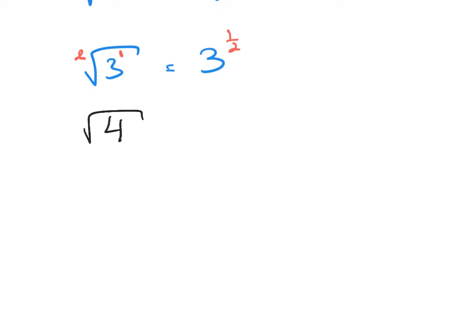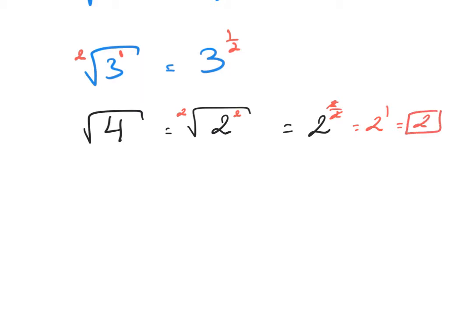We know that 4 is 2 squared, and we have 2 here. So if I want to remove the radical, it's going to be 2 to the 2 over 2, which is obviously 2 to the first.